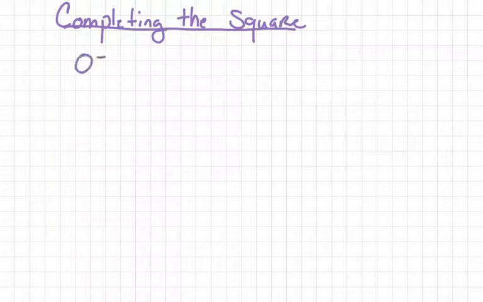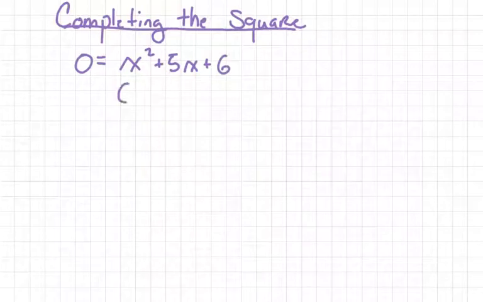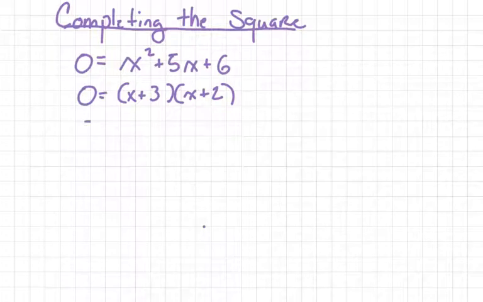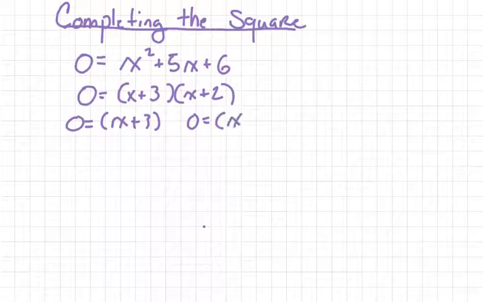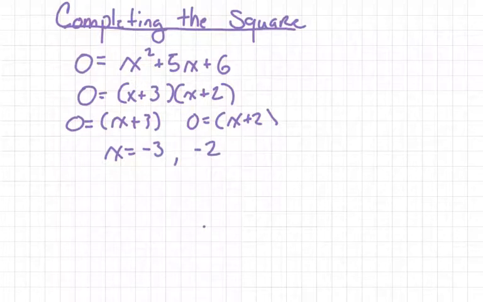So we've been able to solve things like x squared plus 5x plus 6 by simply factoring: x plus what multiplies out to 6 and adds up to 5? Well, that's 2 and 3. And then setting each one of those equal to 0 and solving. So x is equal to -3 and -2. That's where that function hits the x-axis.